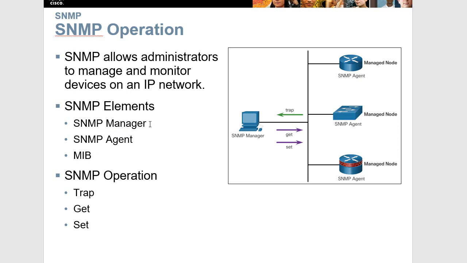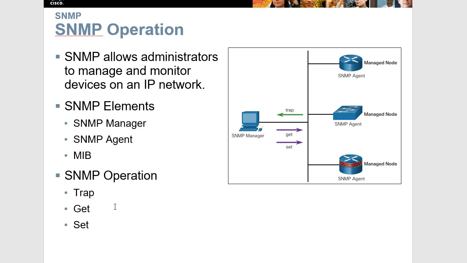The SNMP manager is part of the network management system, or NMS. The SNMP manager runs SNMP management software. The SNMP manager can collect information from the SNMP agent using an action called get, which you'll see down here. It can change configurations on an agent using an action called set.